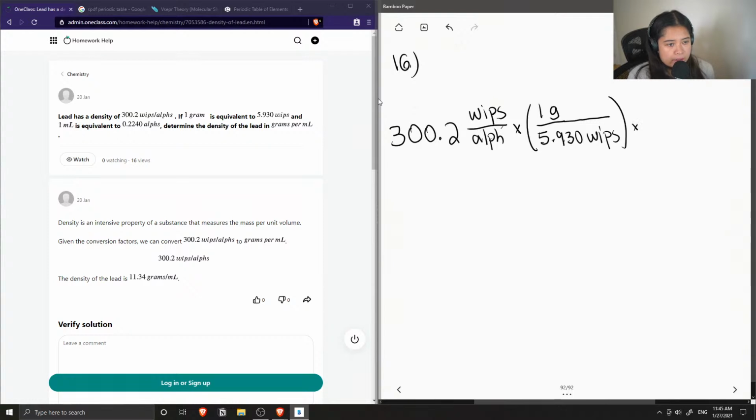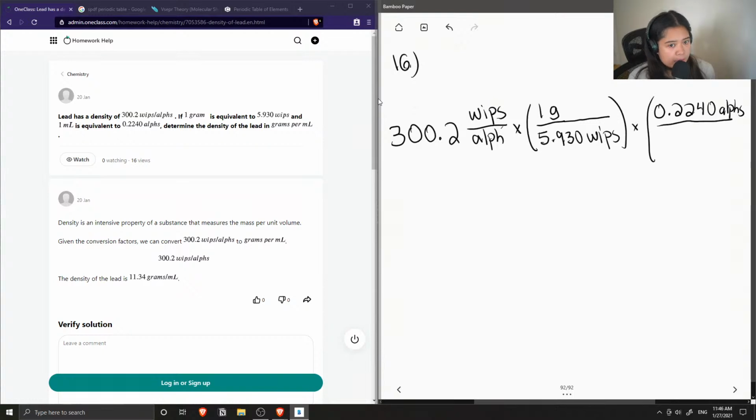And then we also want to convert our alfs to milliliters. So now this is kind of the opposite. Our alf is in the denominator, and we want to get rid of it. So now we would put our conversion factor of 0.224 alfs in our numerator, just so that it can cancel out.